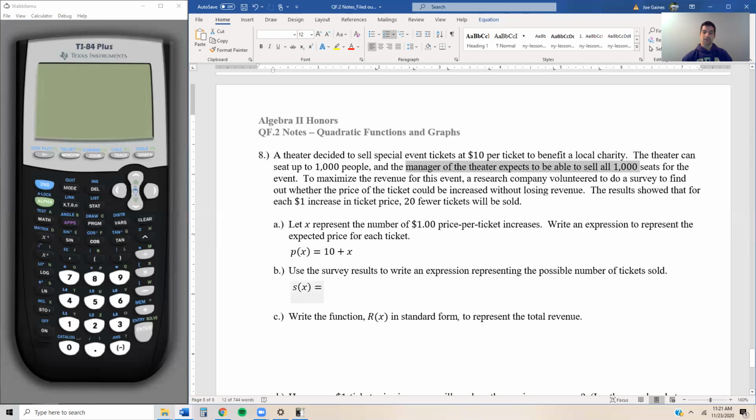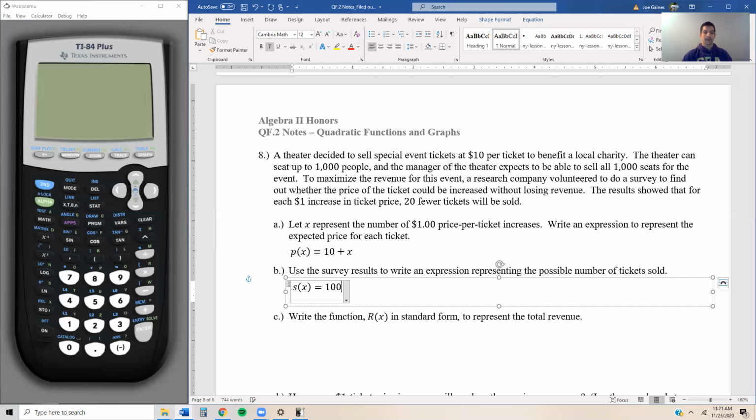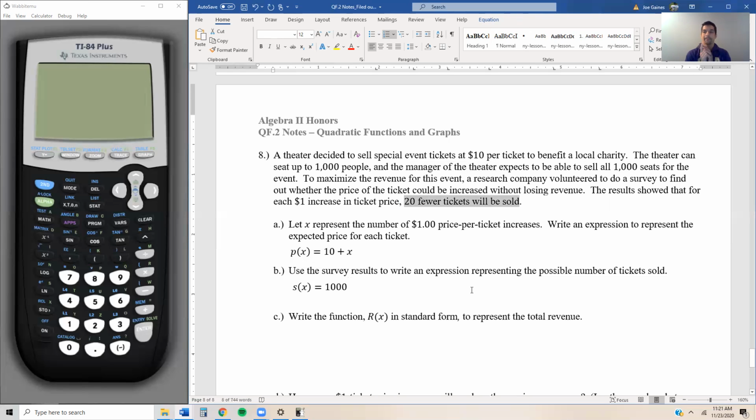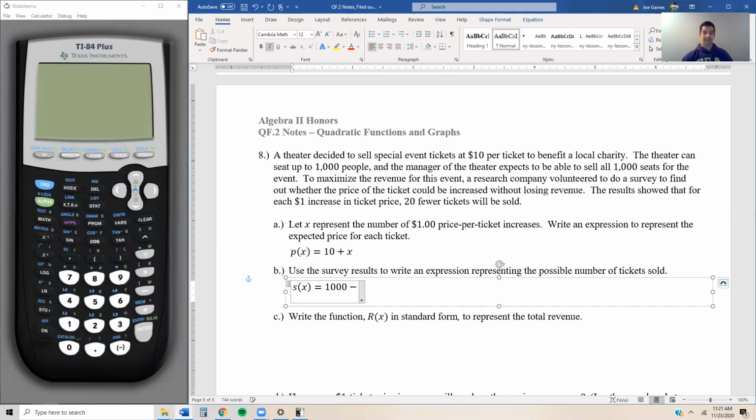So initially they're going to sell 1,000. But every time we increase a ticket price, every time we bump it up by $1, 20 fewer tickets are going to be sold. So for every price increase X, we're going to lose 20 sales. So this is going to be 1,000, our initial amount, minus 20 for every time we increase by $1.